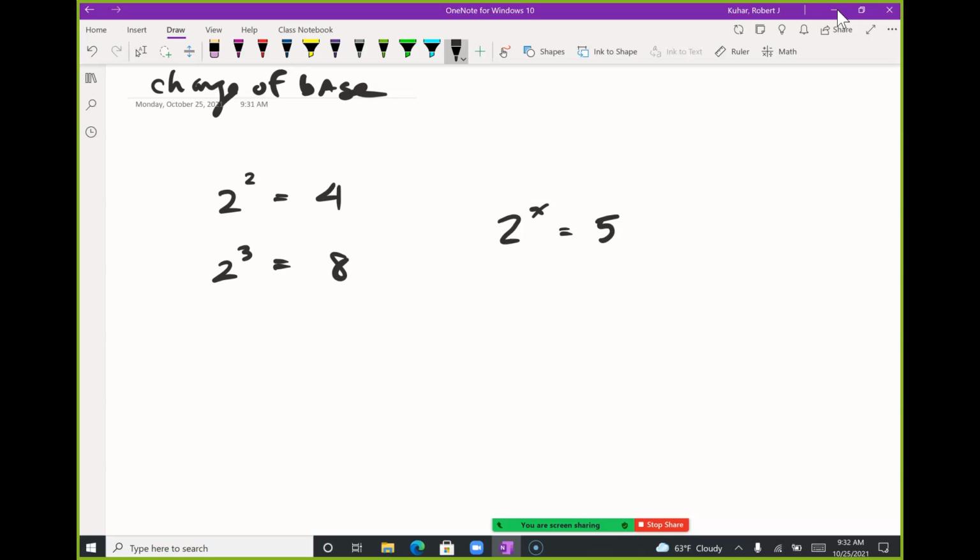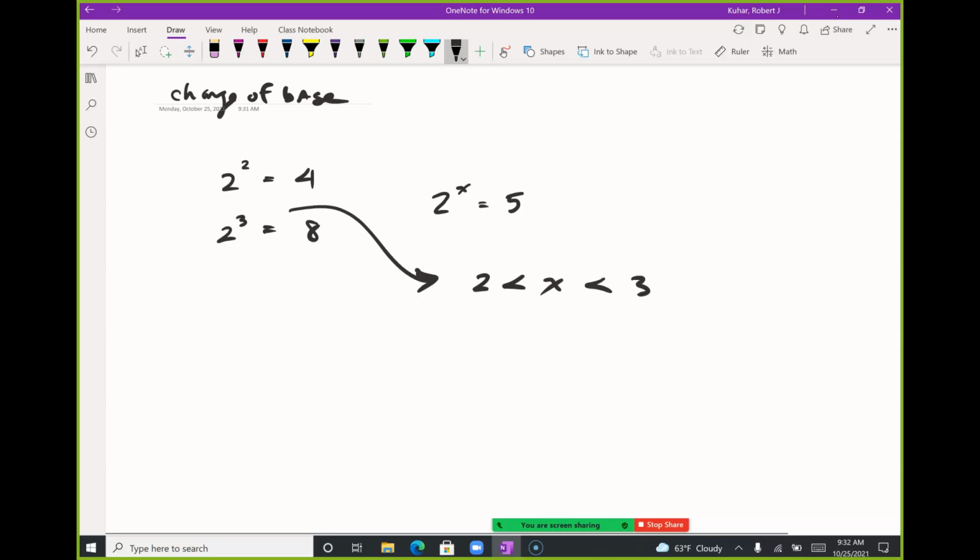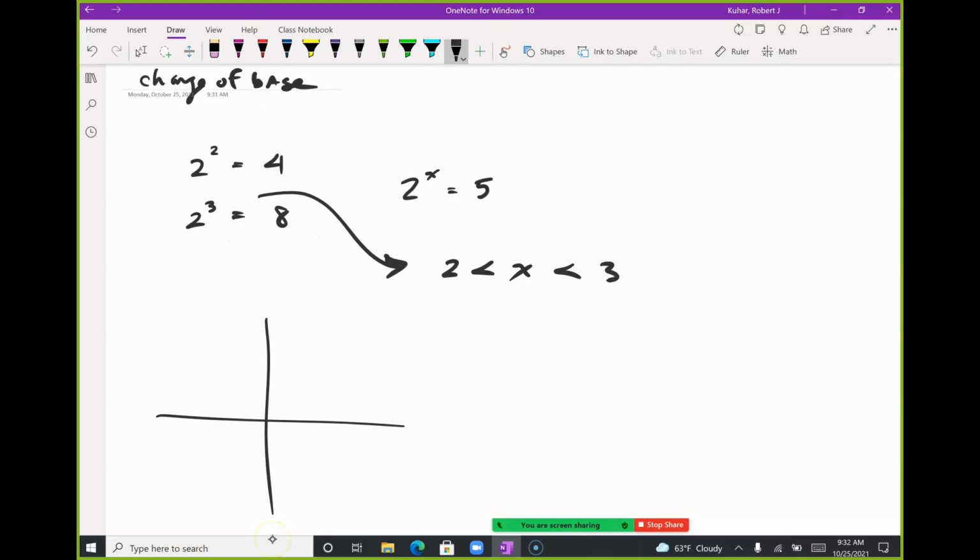So obviously, the x is going to be between what? 2 and 3. Yes. And probably closer to 2 or closer to 3? Closer to 2. If we look at this log function, right?